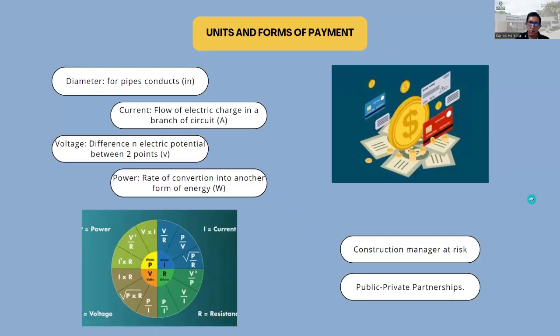Okay, I'm going to talk about the units and form of payment. The main units used in the system are diameter, which for the pipe diameter we use inches as the main unit, and the other is length. For conduit we use meters. Another is voltage, which is the difference in electrical potential between two points in the system.